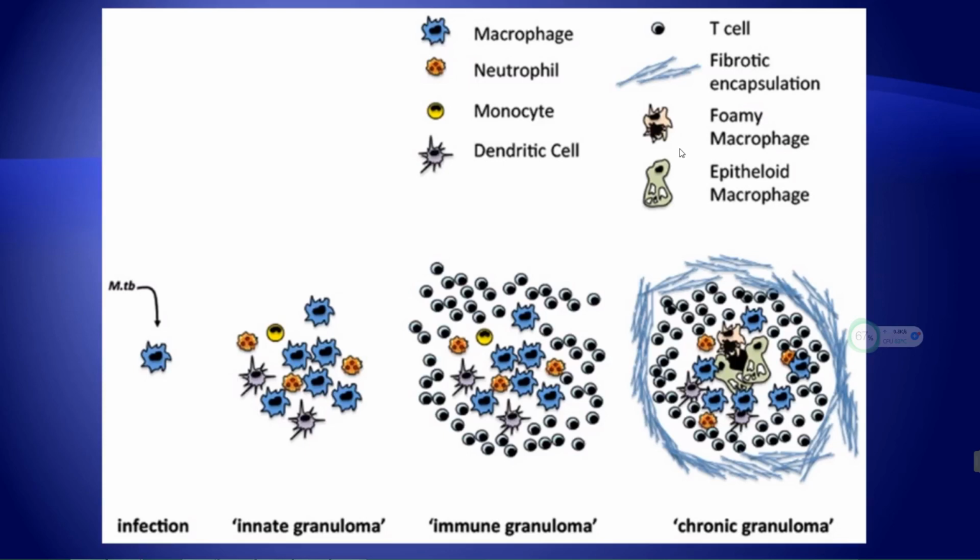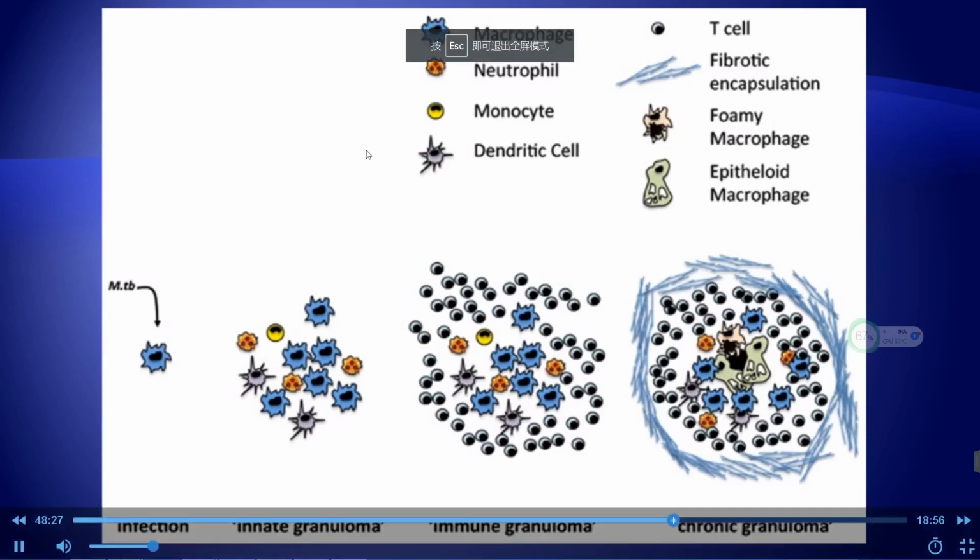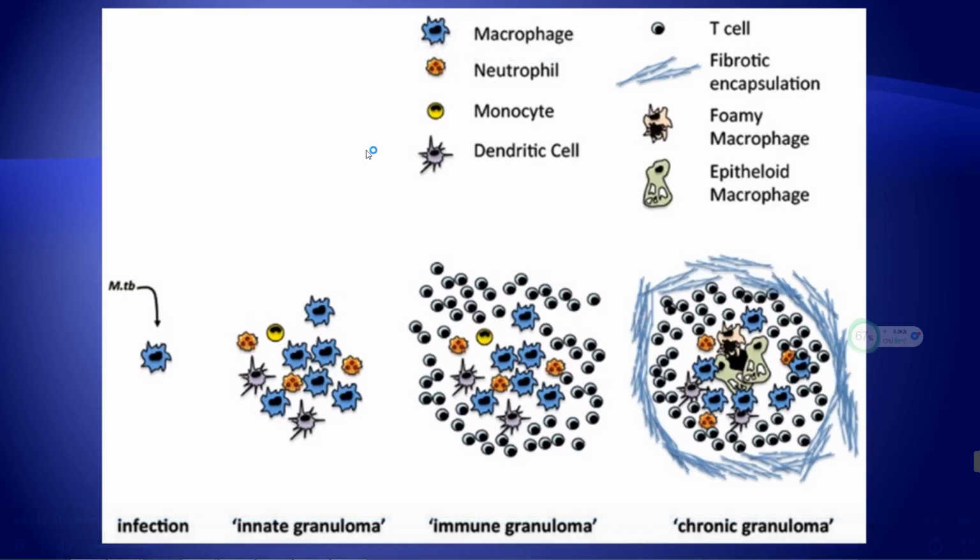Why? Because once the bacteria is encased, and if your immune system's good, and you have good antibiotics, you can actually keep that granuloma for an extremely long period of time. If you catch it at a young age, you can go through life basically like this.